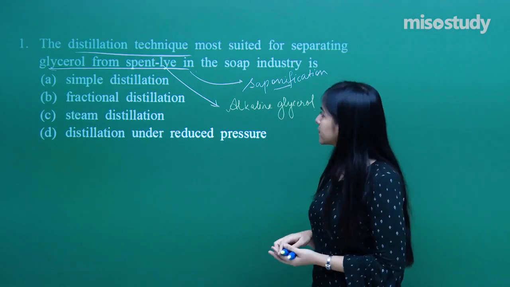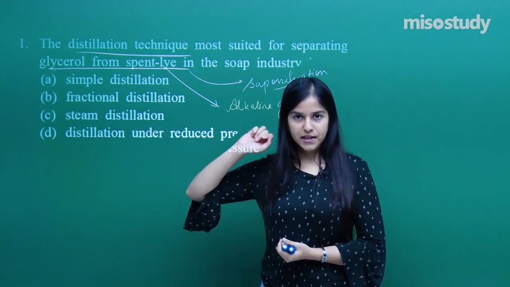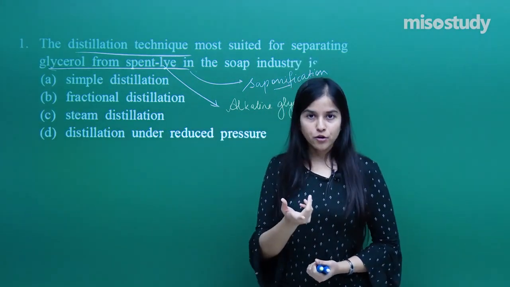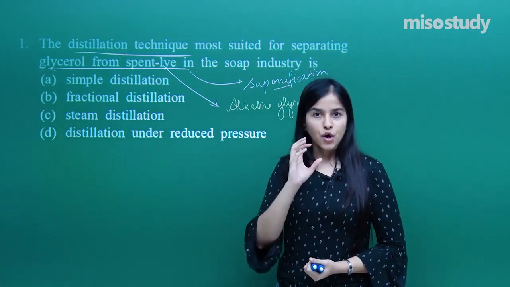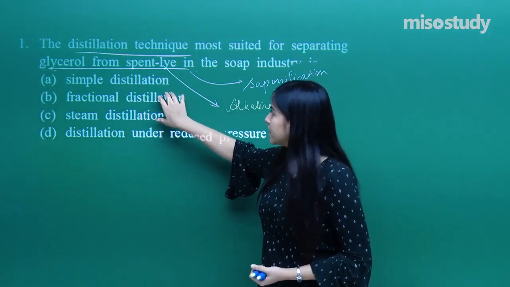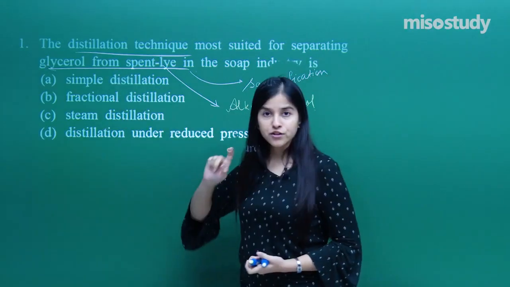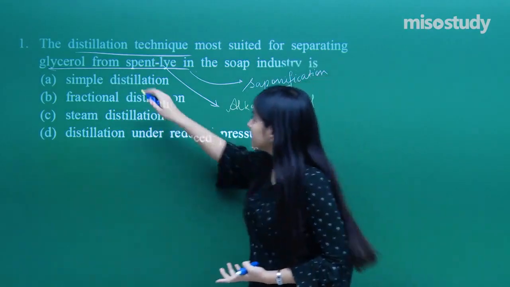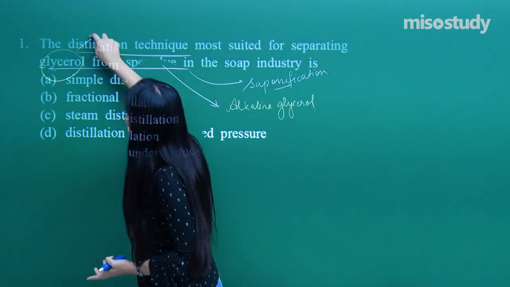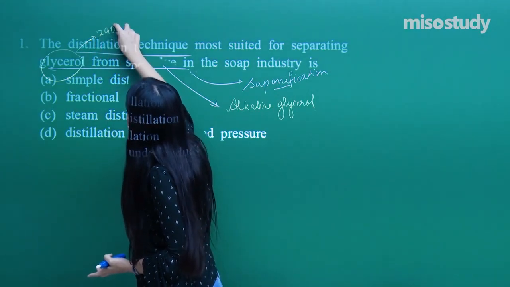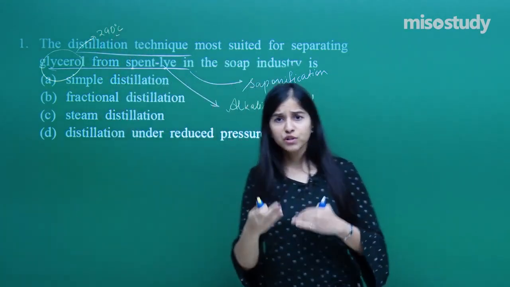For that purpose, if I go for simple distillation, that would be a cumbersome process because simple distillation requires lower temperatures. The boiling point of glycerol is approximately 290 degrees Celsius, which is quite high.